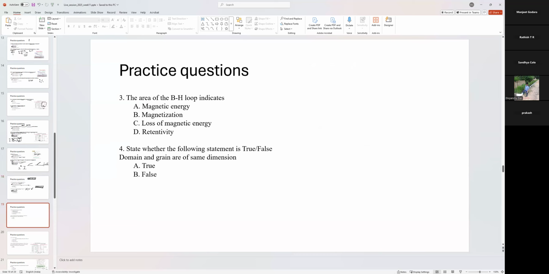Area of the BH loop. What does the area inside this BH loop tell us?